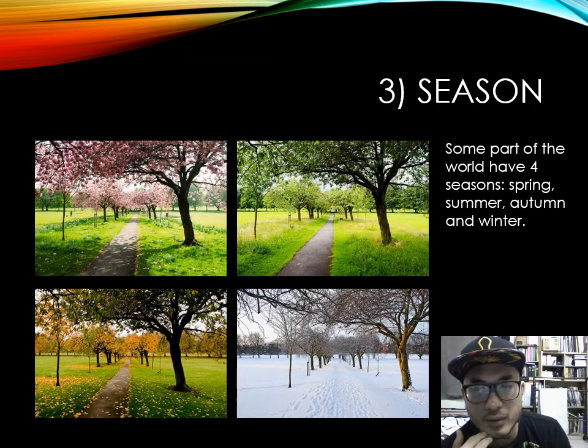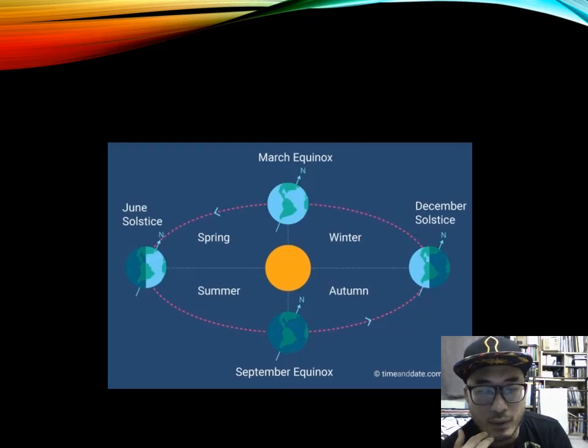Alright, so how do these seasons happen during different times? What we need to know is this: you start with the equinox in March. From the March equinox until the June solstice, this is the time where you can see the spring season.